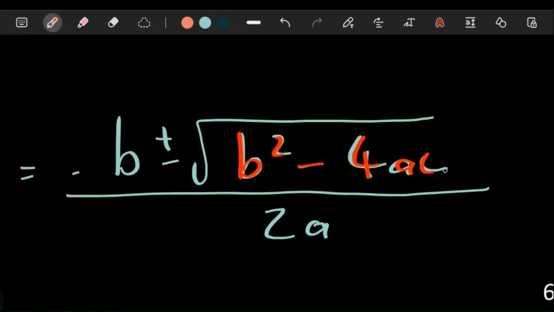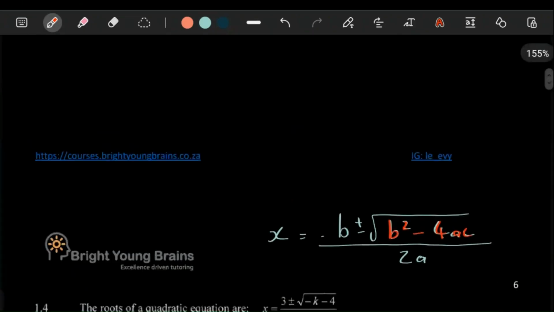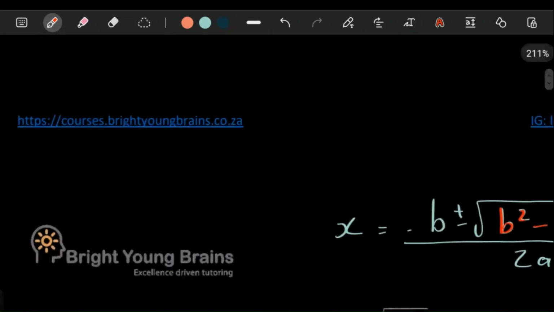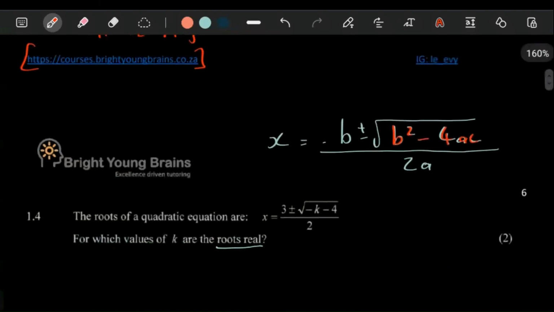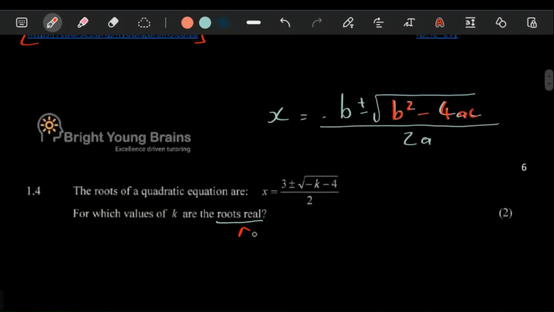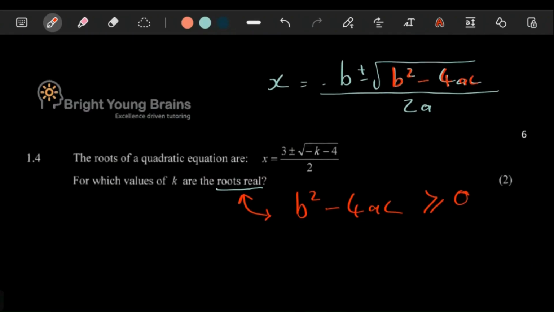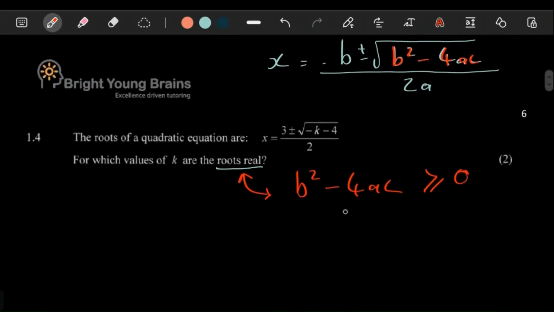If you have gone through the algebra course that has nature of roots, it should be the grade 12 algebra course on the website, you remember that if your roots are real, you need to work with where b squared minus 4ac is bigger or equal to 0. That's when you have real roots. Real roots could be equal, but it doesn't matter. Here, for this question, we just have to work out where this is bigger or equal to 0.